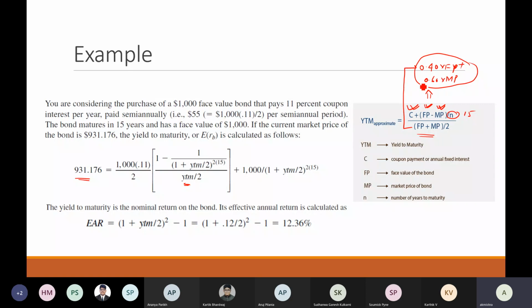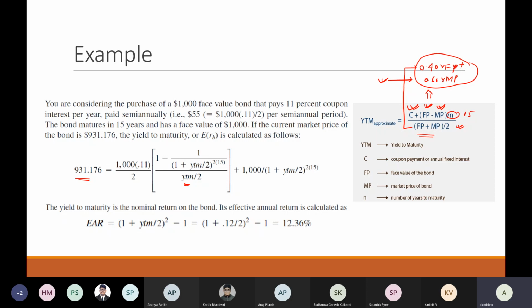Market price is one of the proxies that captures how the price trend will be, so it is more informative. That's why 60% weightage is given to market price and 40% to face value. In this case, you have 50% weightage to both. Either way, both will give you an approximate guess close to YTM.